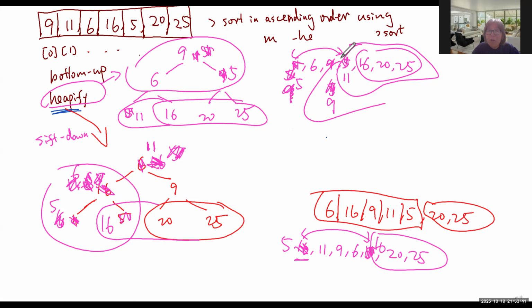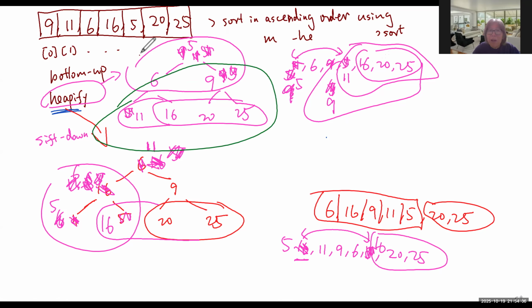So now the last 5 items are sorted. Okay. So we move 9 here and then 5 here. Is it? So now the sorted range spanned from 9 all the way to 5.